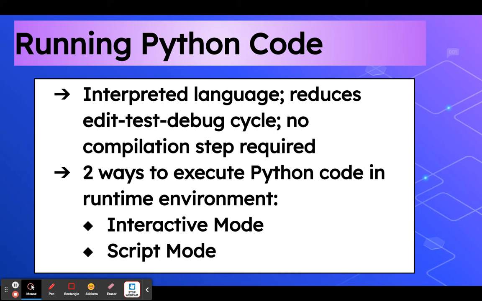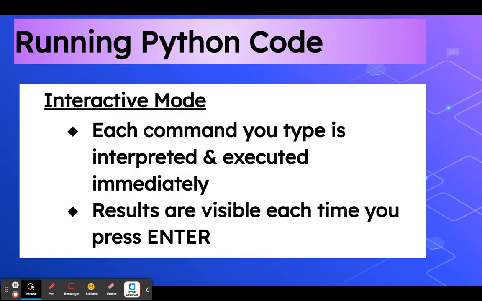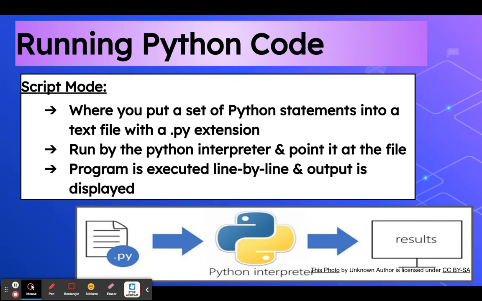So you can execute Python in 2 ways in a runtime environment: interactive and script mode. For interactive, each command that you type in on the computer is interpreted and executed immediately after you press enter. So it is something you are doing now and you can see it real time. Script mode is when you put a set of instructions, or a set of statements, a Python script, into a text file with a py extension, and then you take that and download it into a Python interpreter and point to that file.